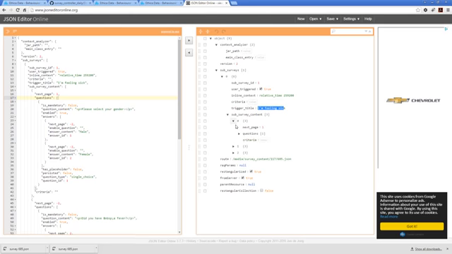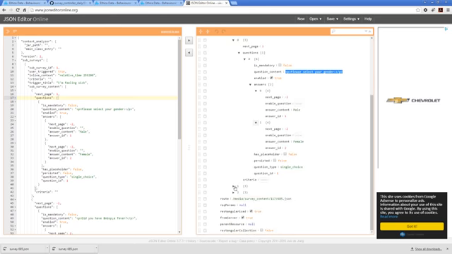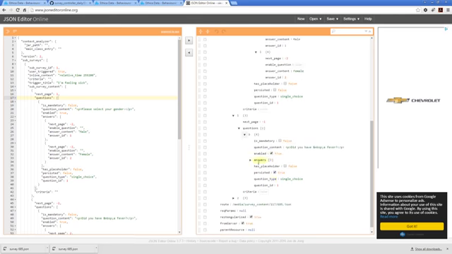This is page 0, and for page 0 we have these questions. The first question is, please select your gender. It has 2 answers. Answer 0 is male, and answer 1 is female. Then page ID 1 has 1 question, and the question ID is 2.